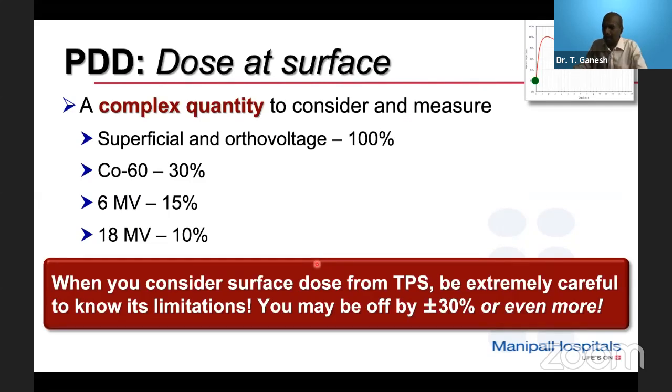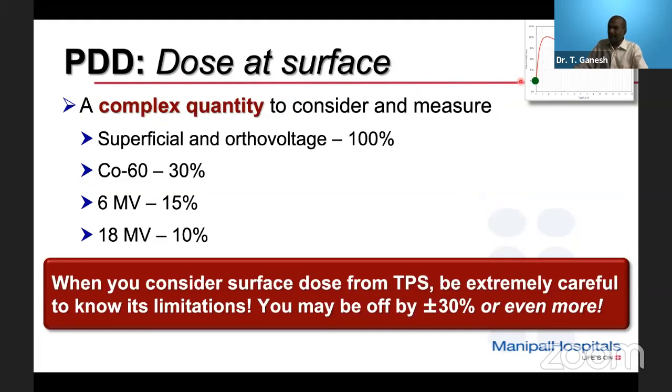There are multiple reasons behind that. Reason number one, what you measure is what the TPS is reporting. So you cannot measure correctly, so there exists actually the most important uncertainty. Beyond that, in the modeling, the planning system cannot model the beam very accurately in the buildup region.